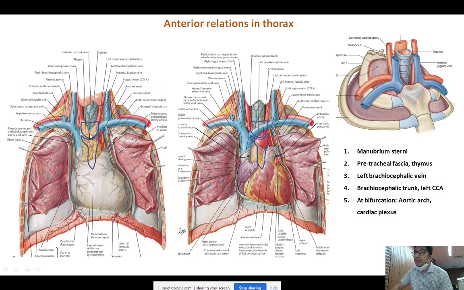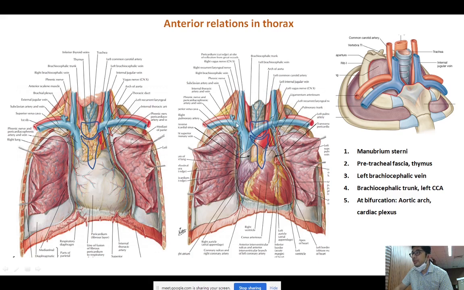Then you can see the left brachiocephalic vein, which comes in relation with the manubrium sterni. Mostly it stays in the upper half. This is the internal jugular draining the head and neck on either side. This is the left subclavian.